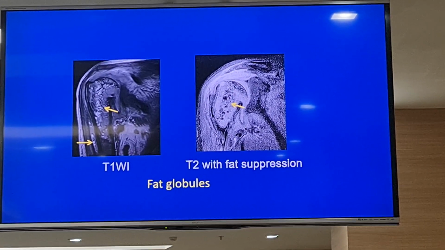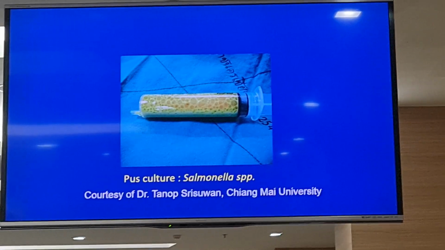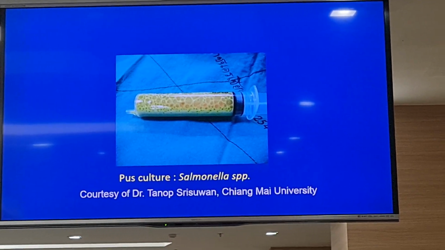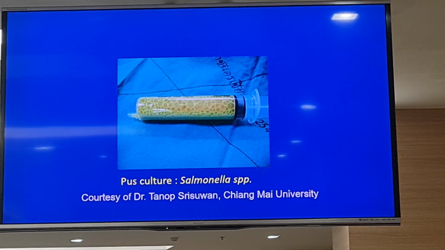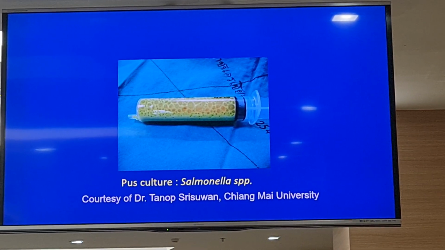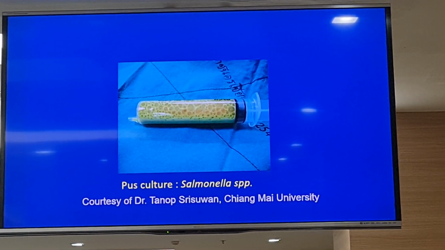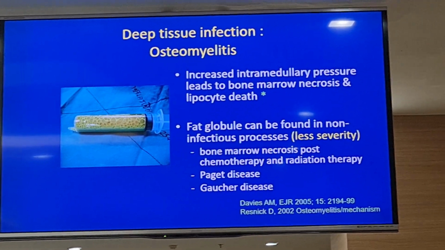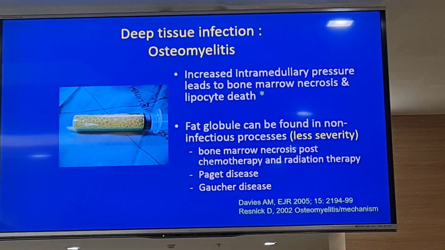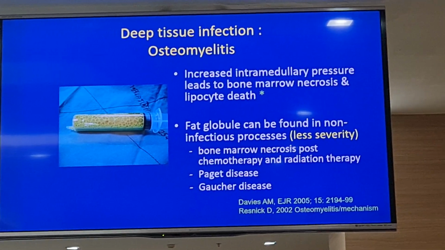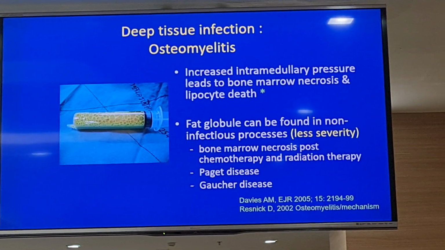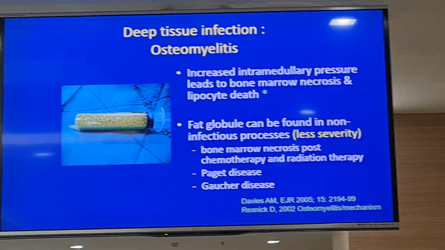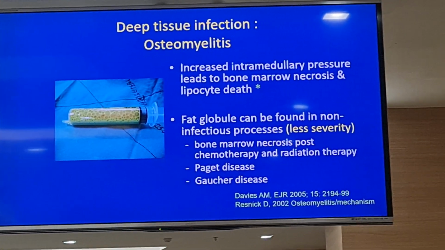And when we stick the needle in and draw the pus, we can see this is pus and also fat globules. The lady has some localized septicemia, and fat globules in the pus means you have increased intramedullary pressure that leads to lymphocyte cell death.